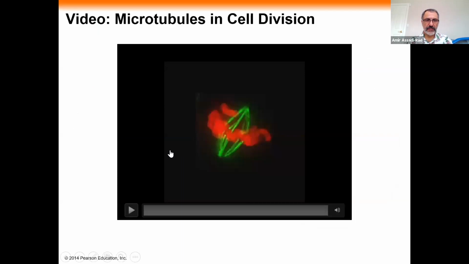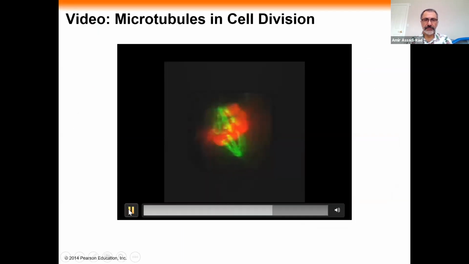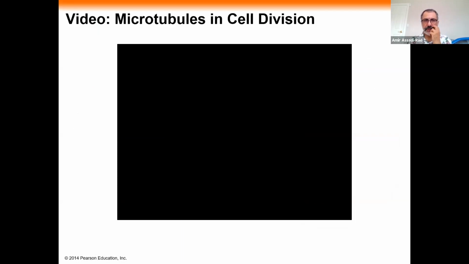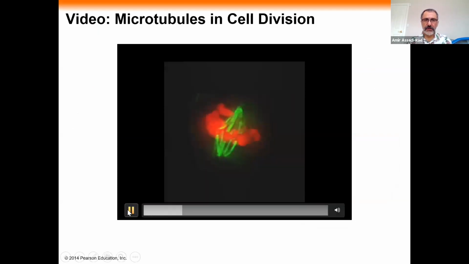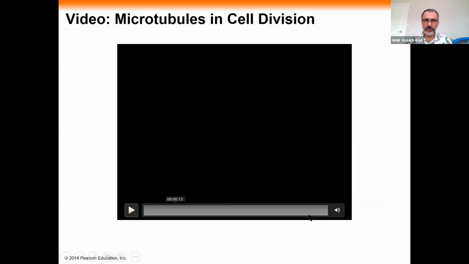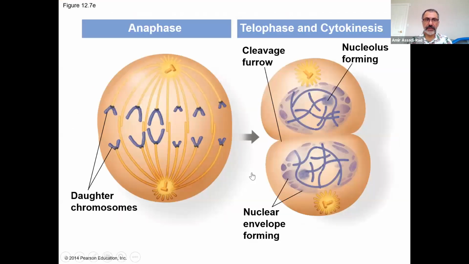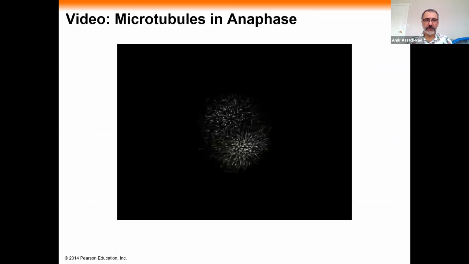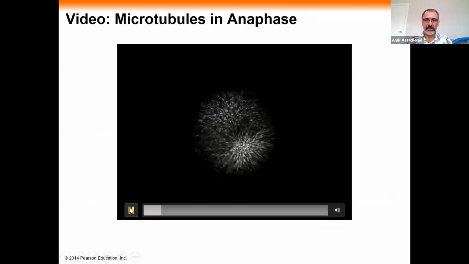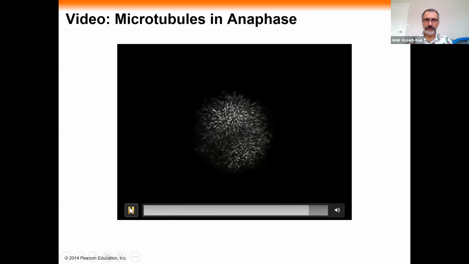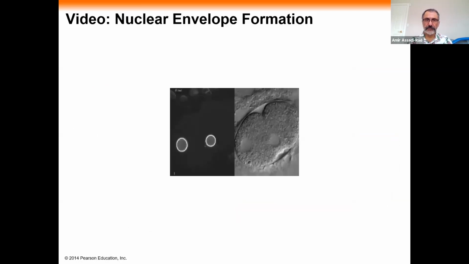Very good. Okay, let's see what it's showing you. Oh, that was quick. It showed you the three-dimensional chromosomes being separated. Right here, anaphase, and then of course telophase. I'll talk about all of that. It's going to be a short one also. Nuclear envelope formation.